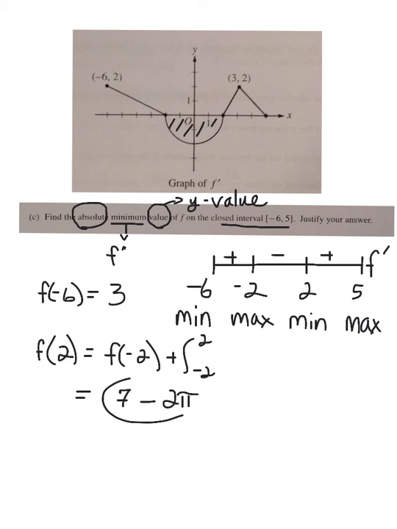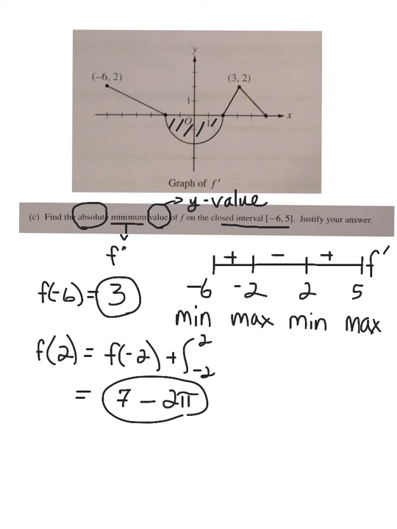So let's compare this answer here with this answer here, and let's see which one is lower, because we're looking for the absolute minimum value. Well, we know pi is 3.14. Now remember, this is non-calculator. So we know that this is 6 point something or other, and 7 minus 6 point something or other is definitely going to be less than 3. Okay?